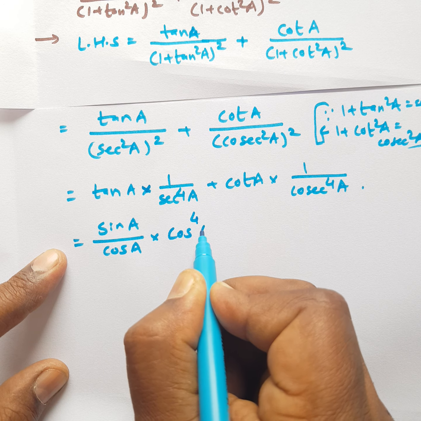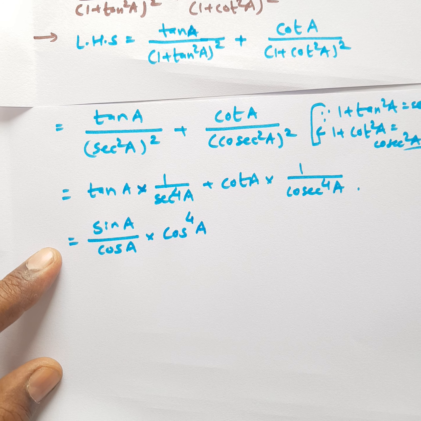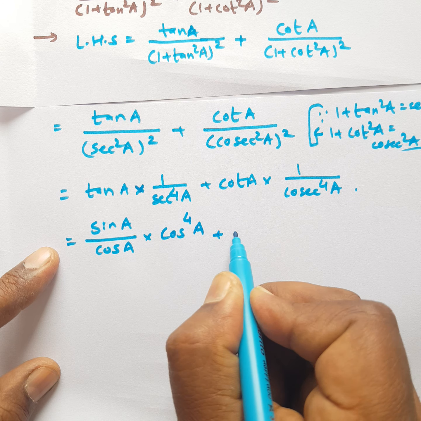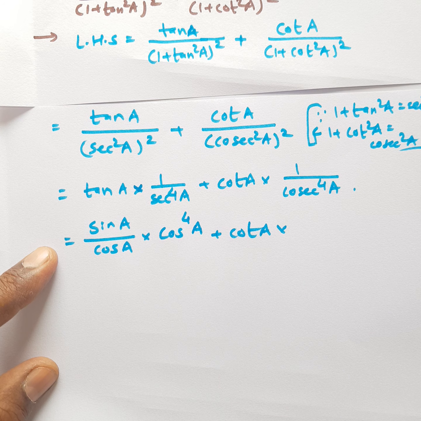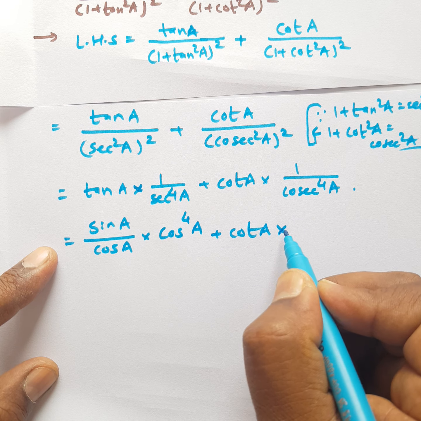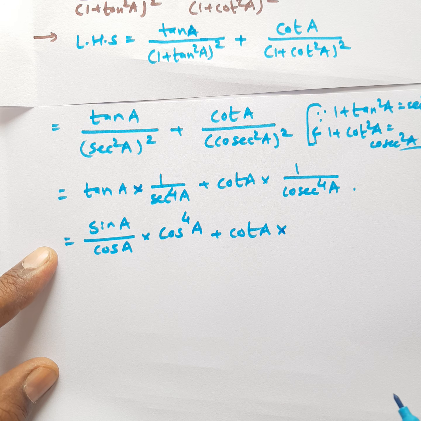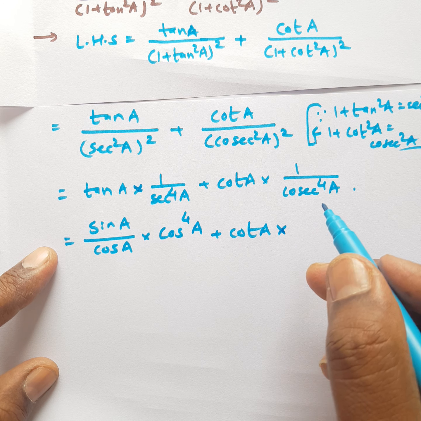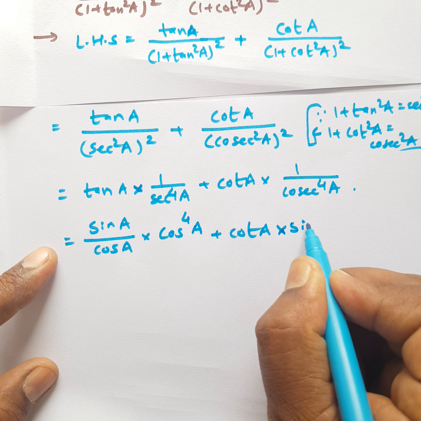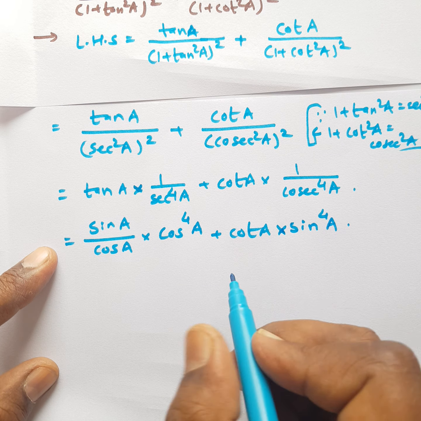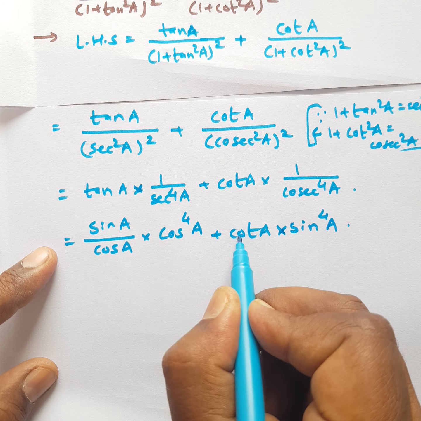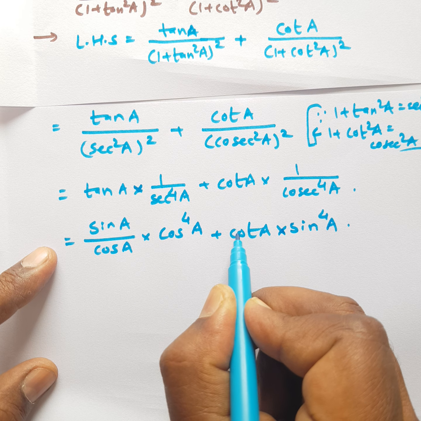Therefore, we can write it as cos raised to 4a, plus cot A into 1 upon cosec square A. 1 upon cosec A is sin A. Therefore, 1 upon cosec raised to 4a is sin raised to 4a. Here also we can write cot A as cos A upon sin A.